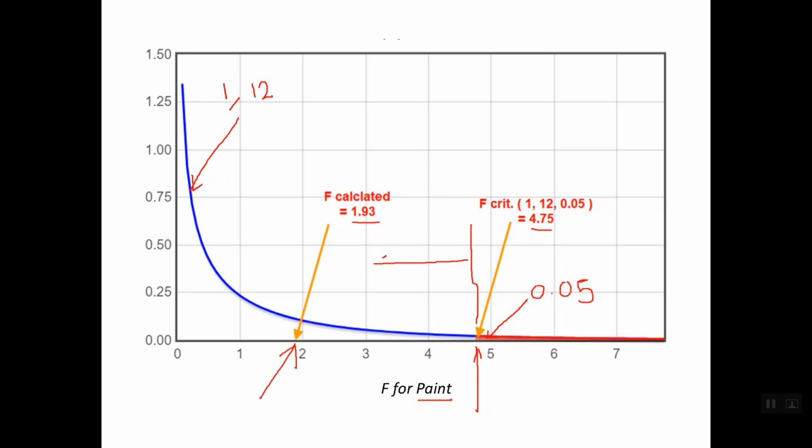The left region is called the accepting the null hypothesis region, and the right region is the region for the rejection of the null hypothesis.